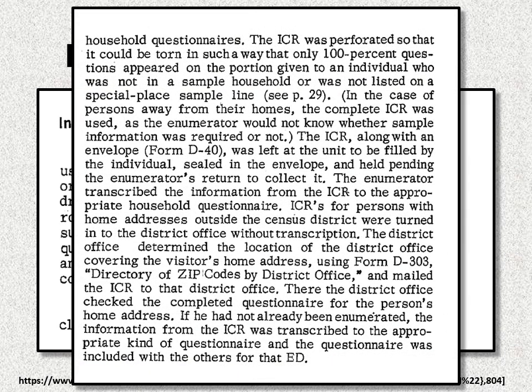And the ICR was perforated so that it could be torn in such a way that if you were in a household that was the short sample form, you could just give them that first page. Or if they were in a long form, you would give them the entire document.